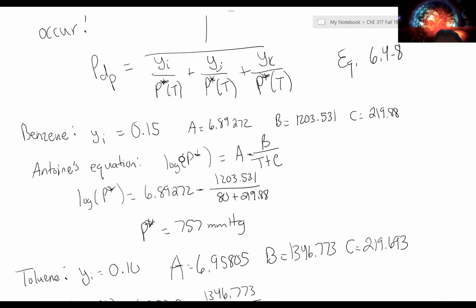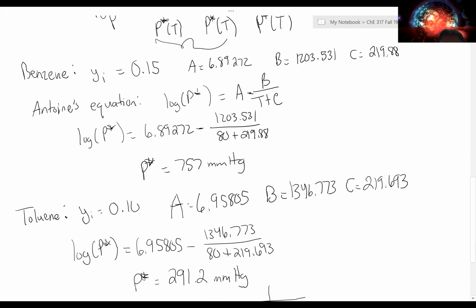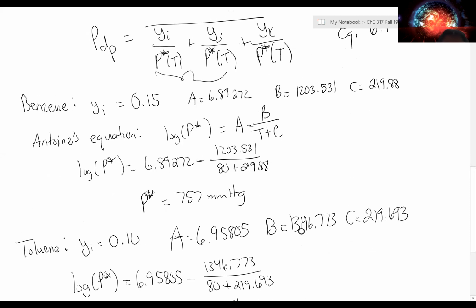I anticipate the vapor pressure of nitrogen to be so high that this third term, when I divide by it, is going to be really, really small in comparison to the other two terms. We can check that if you want. That's an assumption I'm making, I will admit. And so that's why I made that assumption.